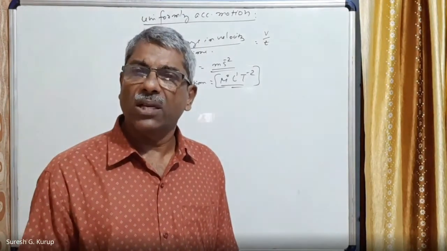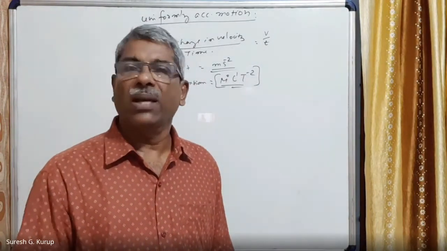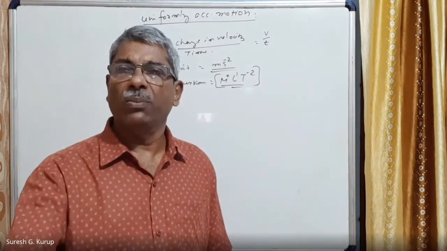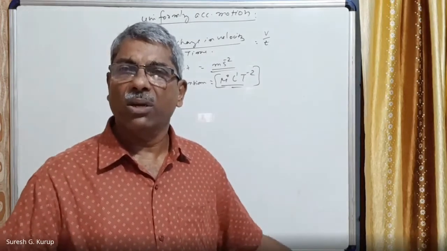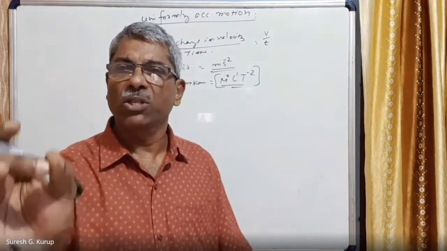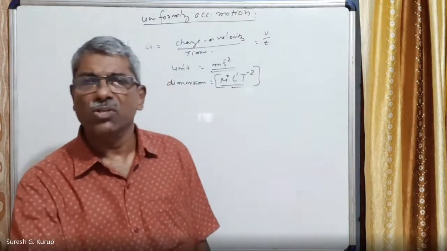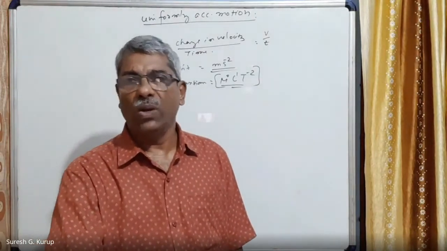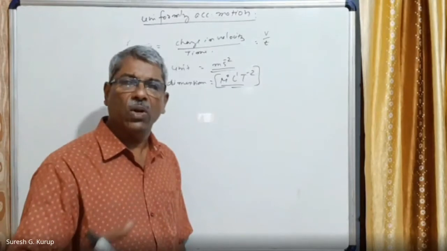When the acceleration of a body is variable, then every time the acceleration is changing. So we cannot say that this is the acceleration of the body in the whole journey, because every instant the acceleration is changing. In that situation, we will calculate average acceleration, right? Average acceleration means total change in velocity divided by total time.